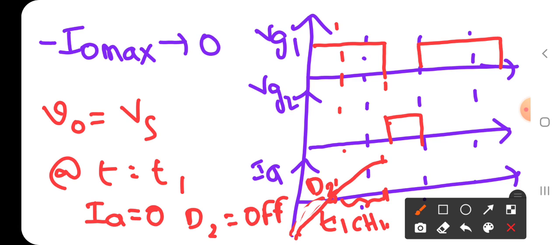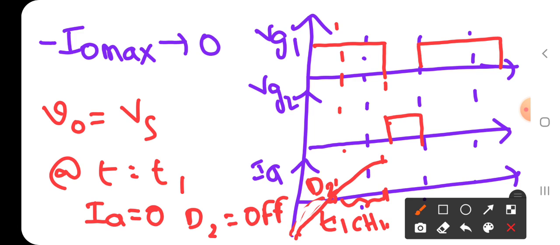At the end of mode 2, the current flowing through the inductor is maximum.